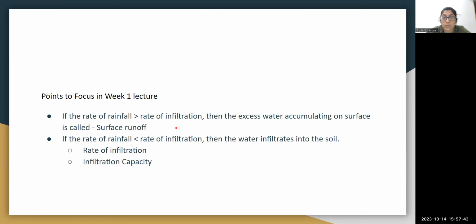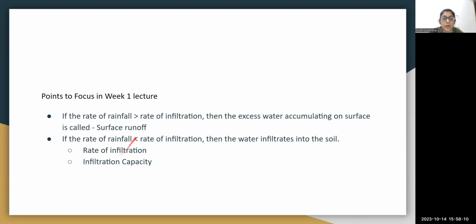Then again, what happens when the rate of rainfall exceeds the rate of infiltration? Now, if the rate at which water is entering the soil is 5 centimeters per hour, and the rate at which rain is occurring is 8 centimeters per hour, then only 5 centimeters of water will enter per hour. The remaining 3 centimeters are going to go as runoff.